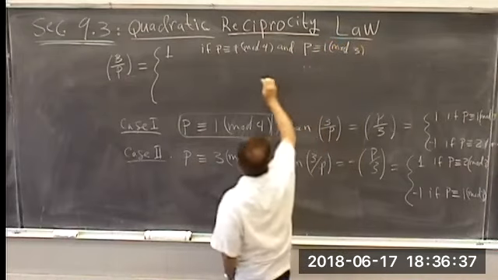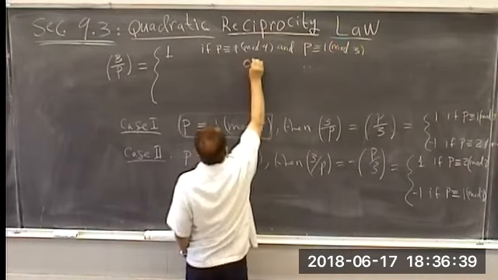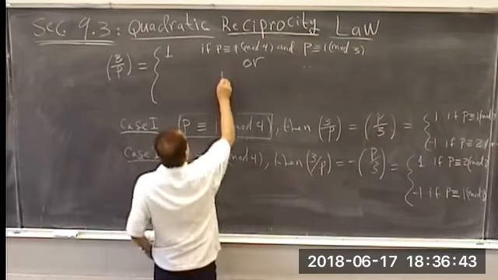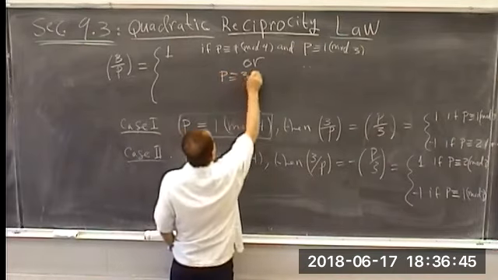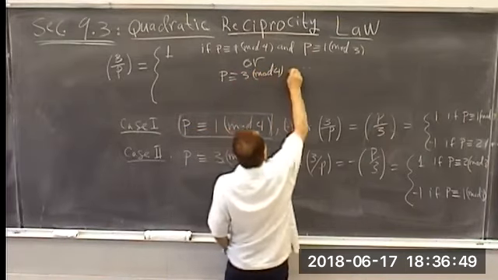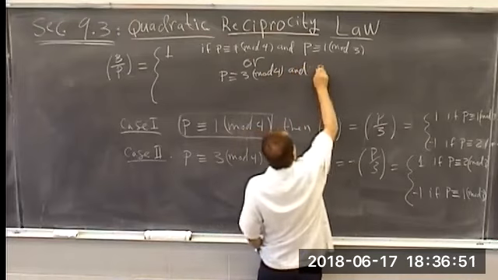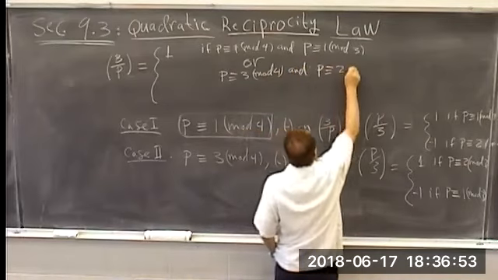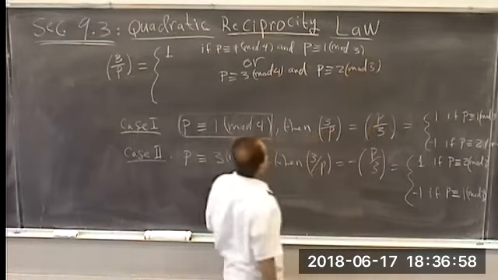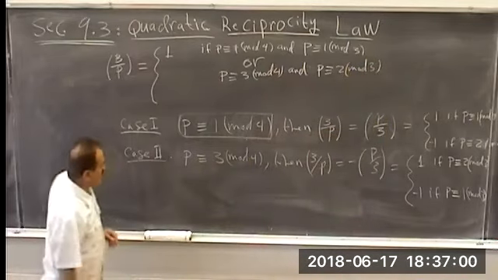Or there's another possibility where p is congruent to 3 mod 4 and p is congruent to 2 mod 3. So any one of these two cases is going to give me 1.